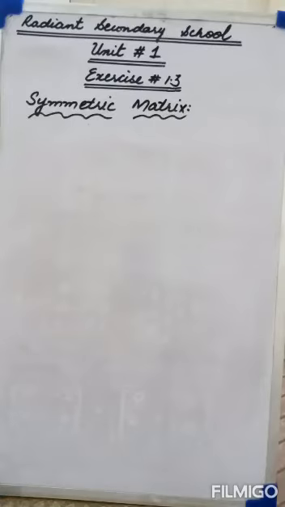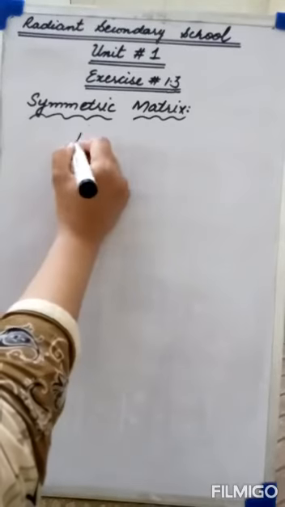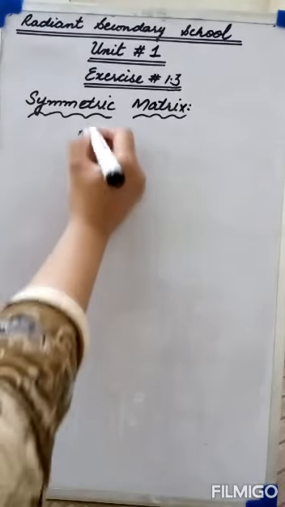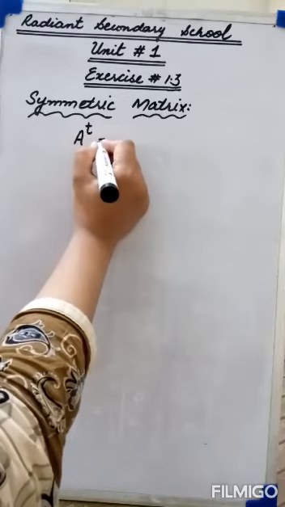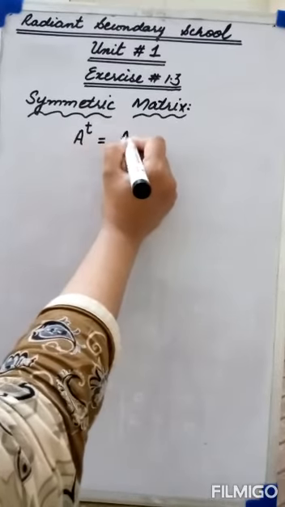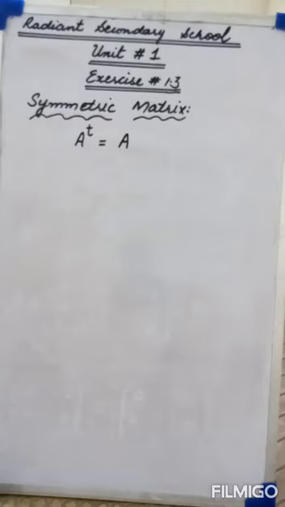Okay students, before starting the next question, we are going to discuss 2 more types of matrix. Number one is the symmetric matrix. What is a symmetric matrix? For example, we have a matrix A, and if I take its transpose, and after taking the transpose the matrix equals itself, then it is said to be a symmetric matrix.